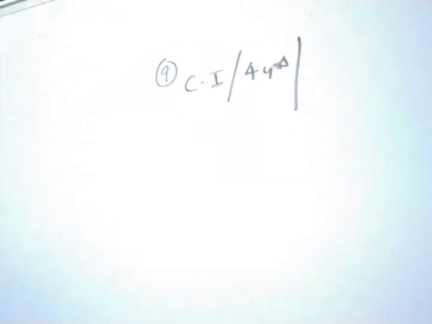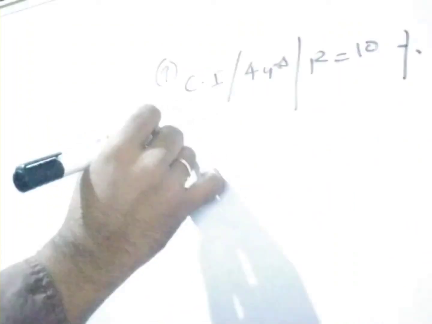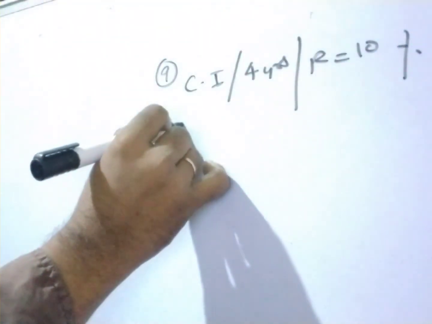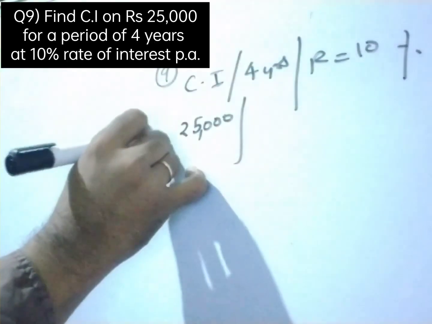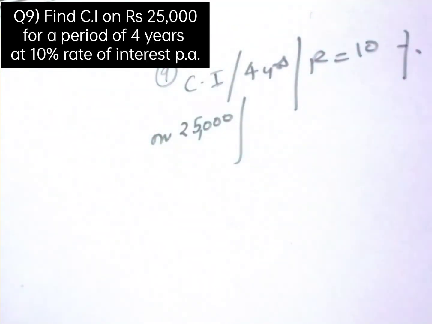Find compound interest for 4 years, rate is 10%. Amount is equal to 25,000. Rate is 10%. Amount is 25,000 rupees.